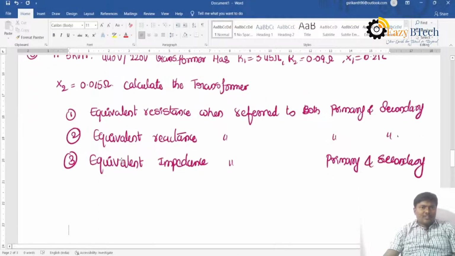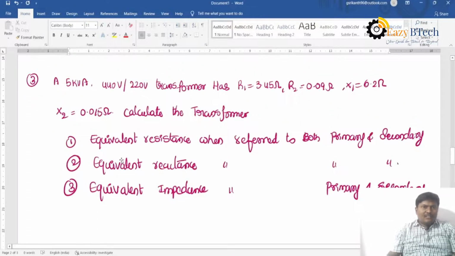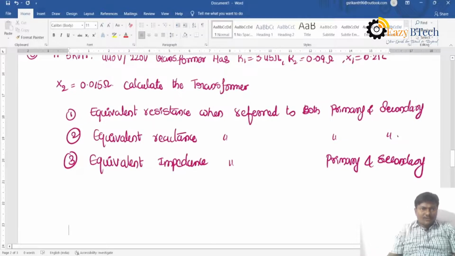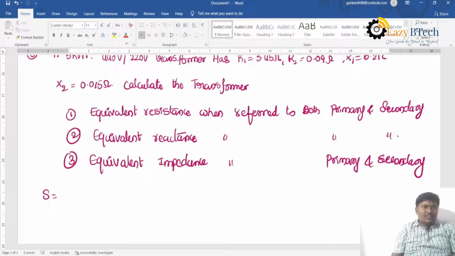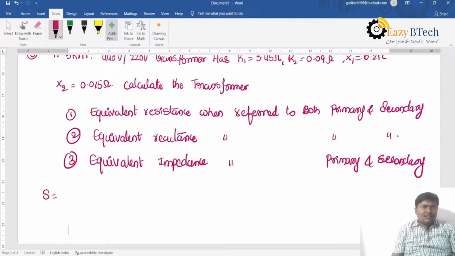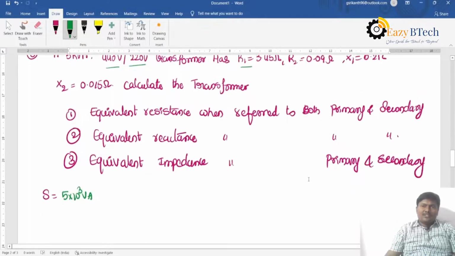So coming to the next problem, a 5 kVA 440 by 220 volts transformer. So S is equal to 5 kVA, so 5 into 10 to the power of 3 volt ampere. R1 is 3.45 and R2 is 0.09.